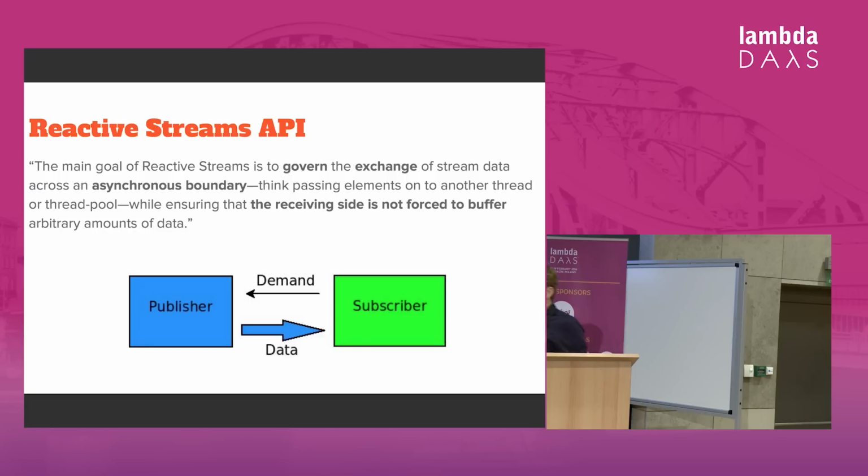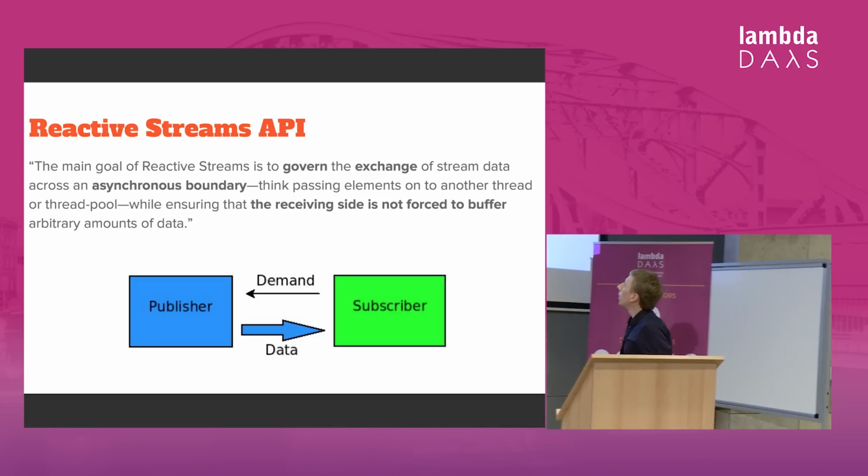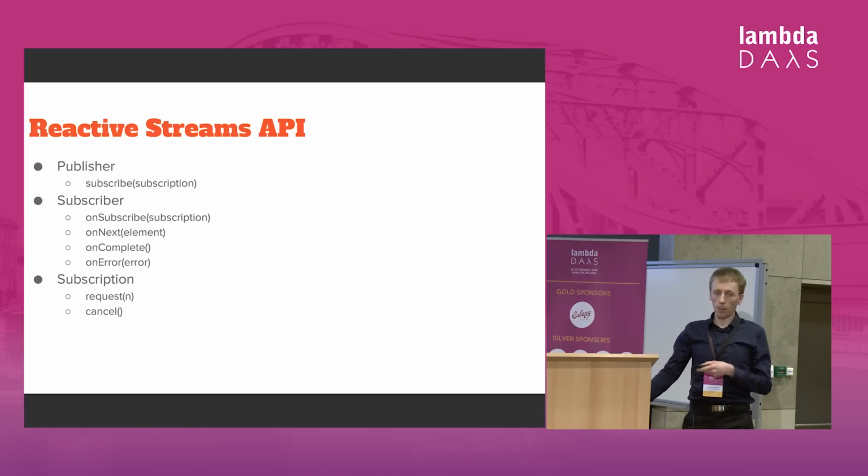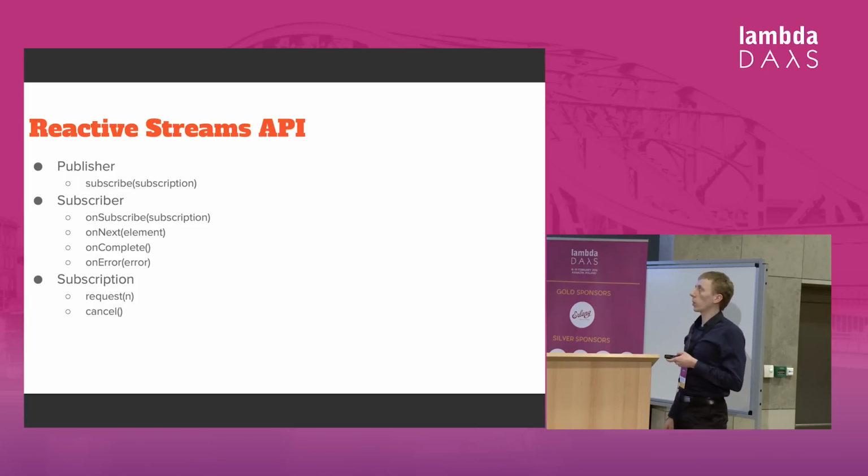But when I started building software for mobile, I came across problems. First, let me describe the Reactive Streams API. What does it consist of? We have a publisher, it's pretty natural. We have a subscriber, and we have a subscription.